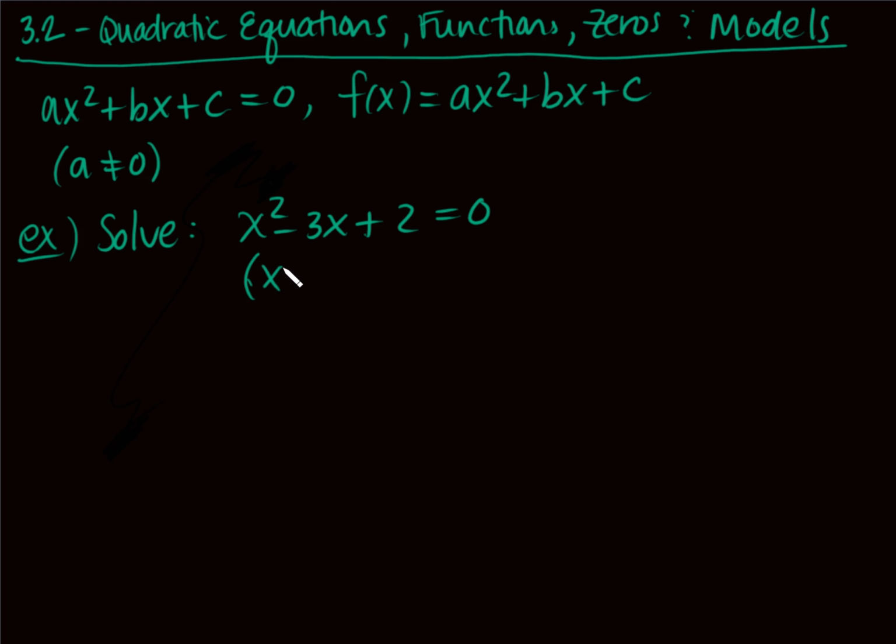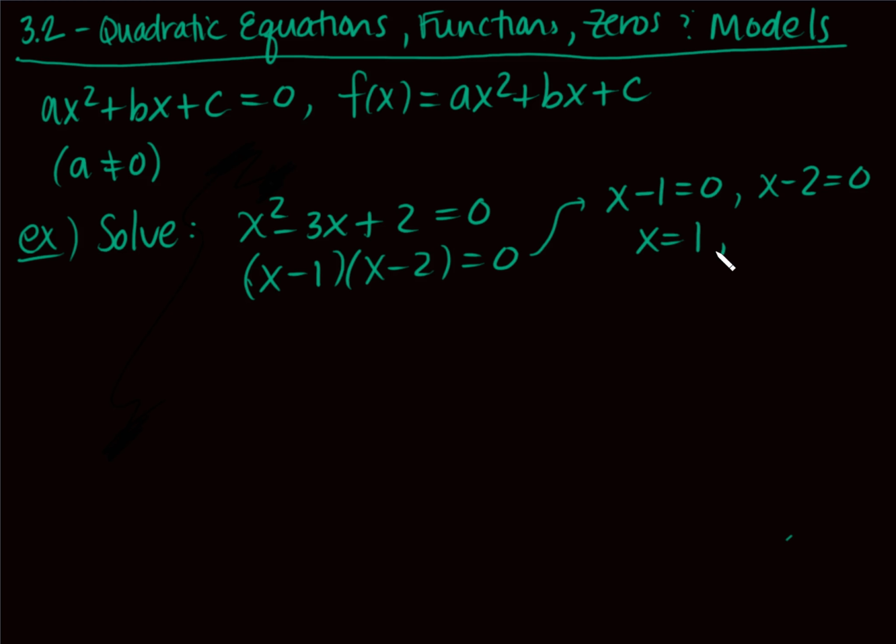So, we know we can do this. We get x minus 1 times x minus 2 equals 0. And then from there, I set each one equal to 0. If you look in your book, this is the principle of zero products: if I have two things multiplied together to be 0, then this one's 0 or this one's 0, and they can both be 0. That's fine. And so we get two solutions.